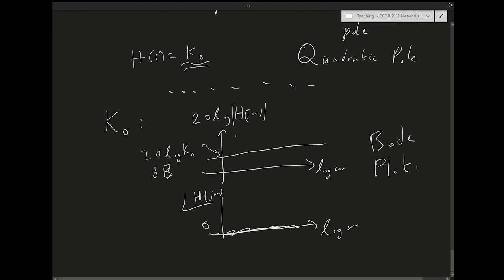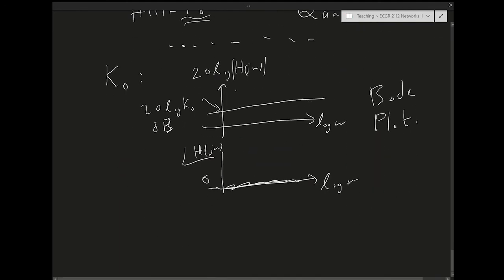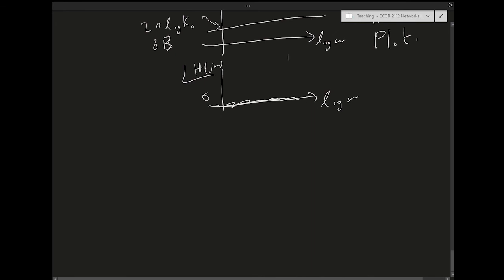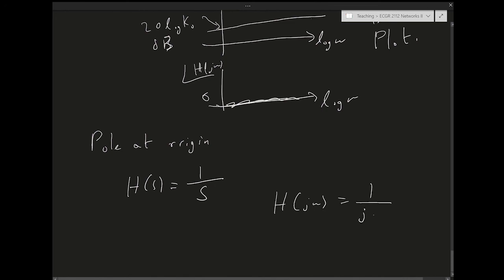All right. What about the poles and zeros? So let's start with a pole at the origin. Okay. So H(s) equals 1 over s. That's one pole at the origin. And then we can do a zero at the origin. Well, H(j omega) is 1 over j omega, right?